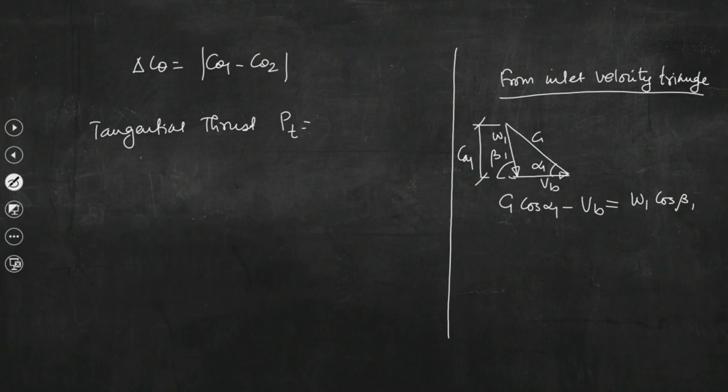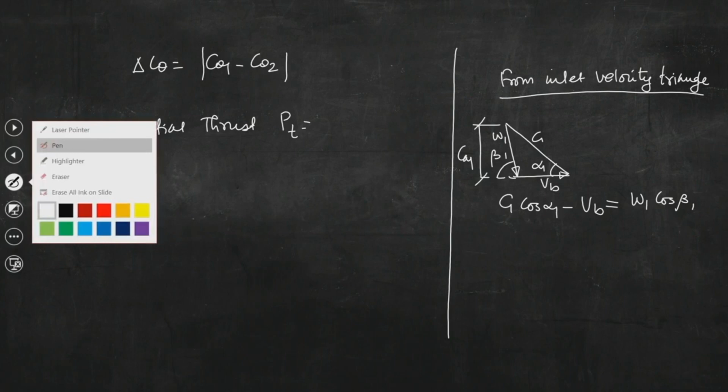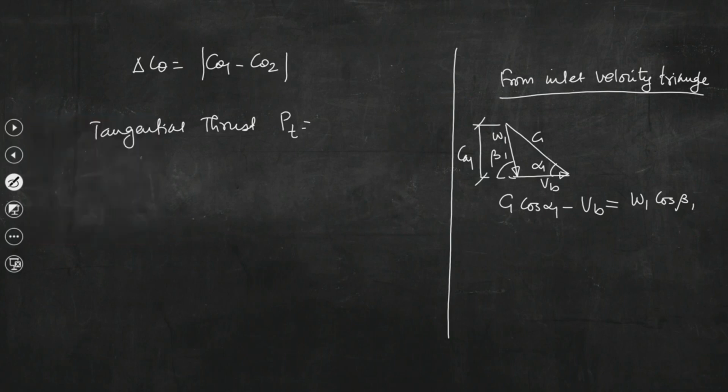We can also write C1 sin alpha 1 equal to W1 sin beta 1.